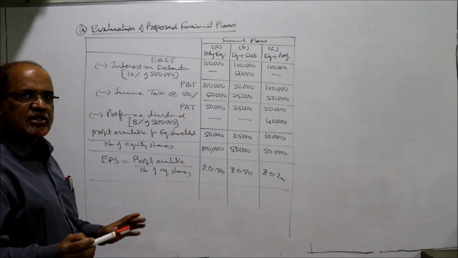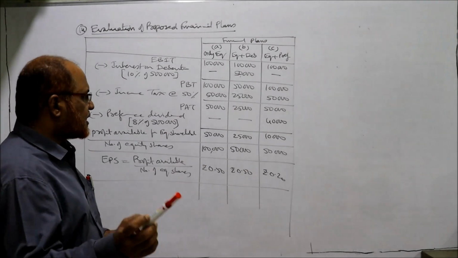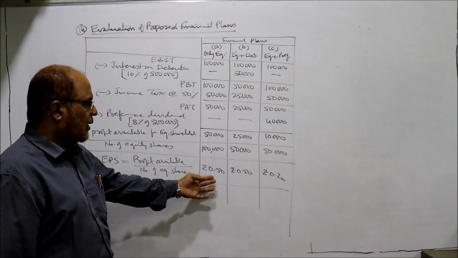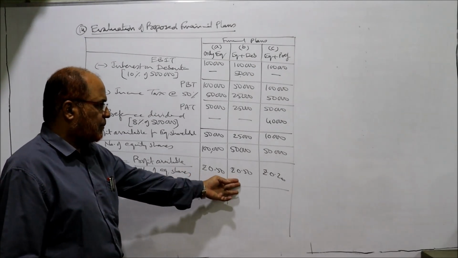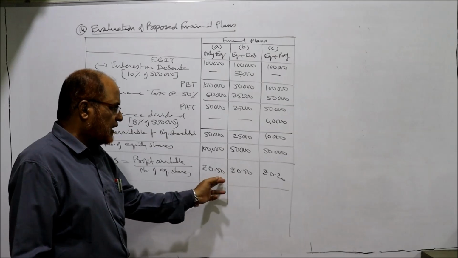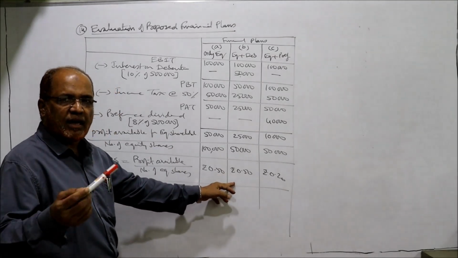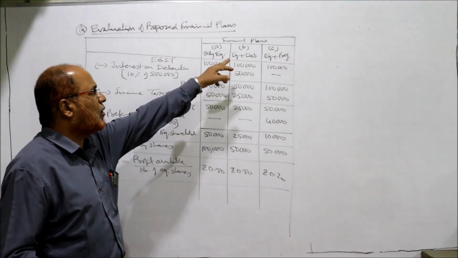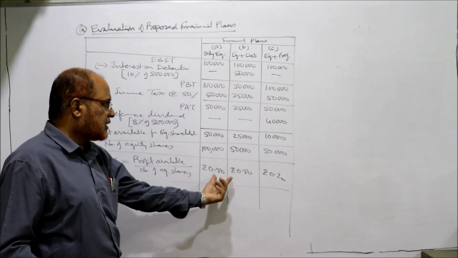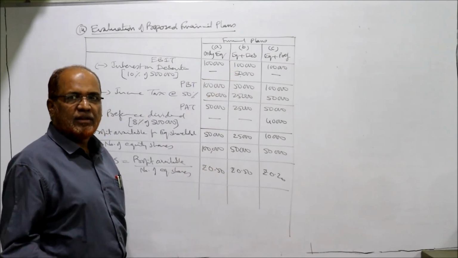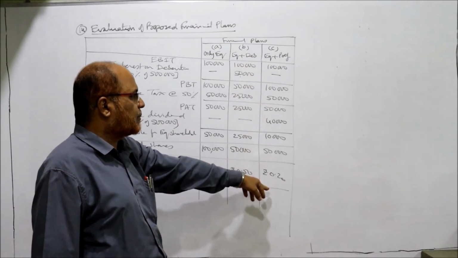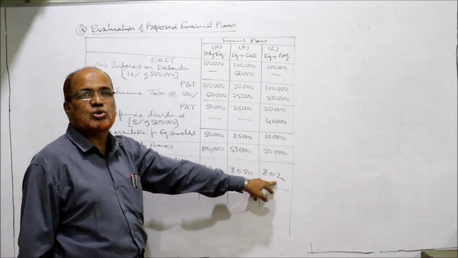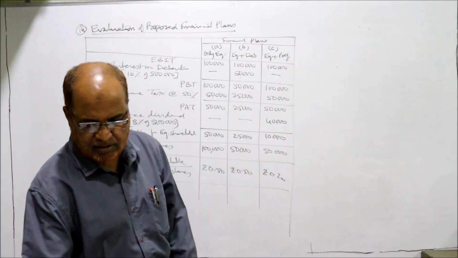So ultimately what decision can you give? It is suggested to the company to adopt either the first plan A or plan B, because in both these plans the EPS is the same. The company can raise the funds either by equity or equity plus debenture. In both cases it is 0.5. The company should not go for the third plan because it will reduce the EPS to 0.2. That's it.